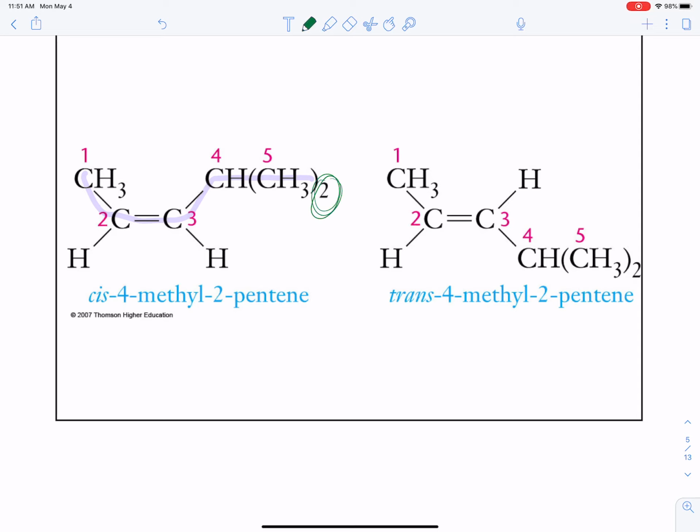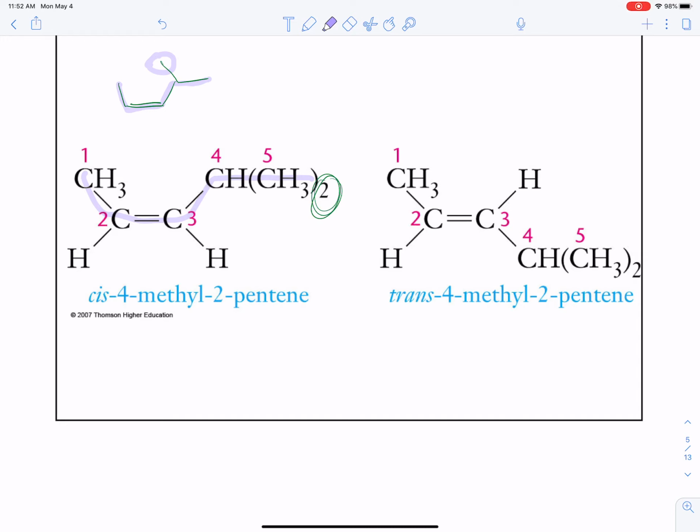But the substituent, that CH3, and sometimes it really does help to draw out how it looks. So that would be how it would look. So notice that the longest carbon chain is right here, and that here's our substituent.